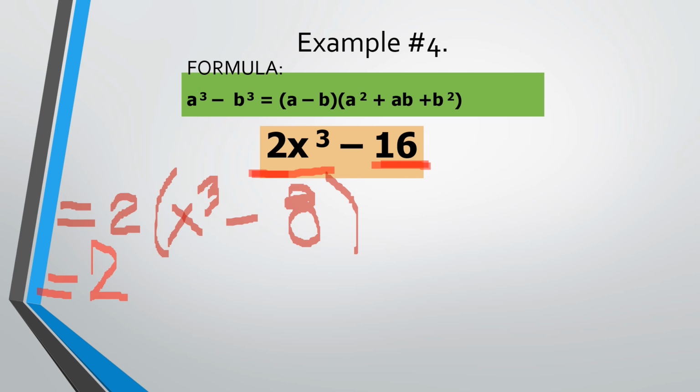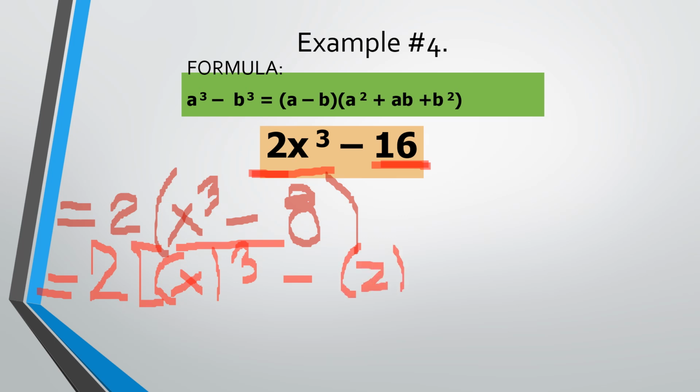Now let's work on the terms here. Now we have x cubed minus 8. The cube root of x cubed is x. You close it, put cube here, minus the cube root of 8 is 2. You close it, you put cube here, and then bracket.